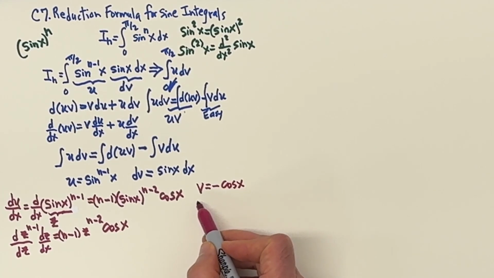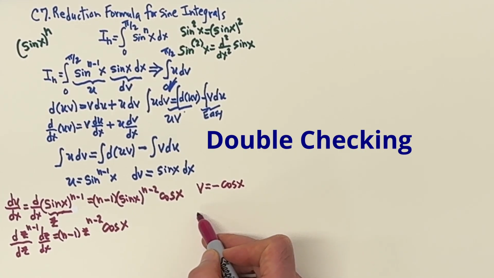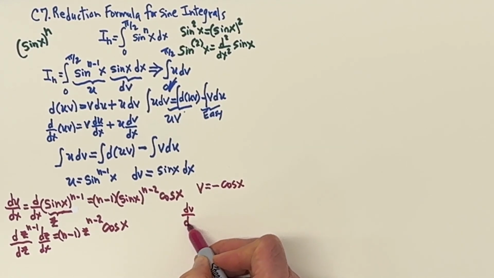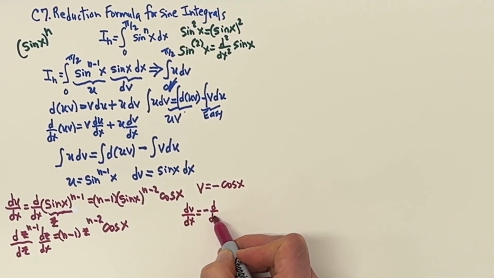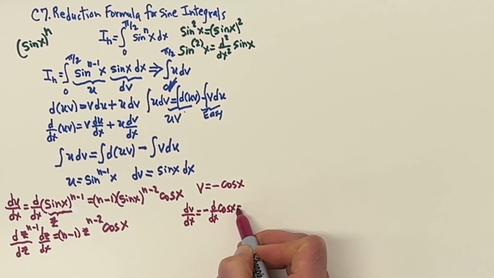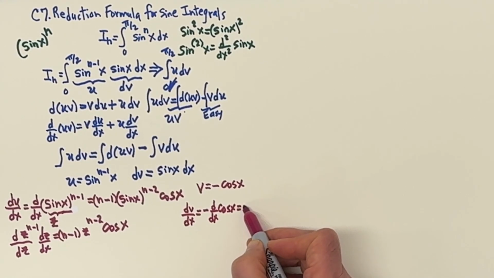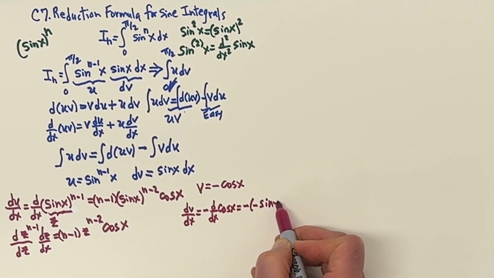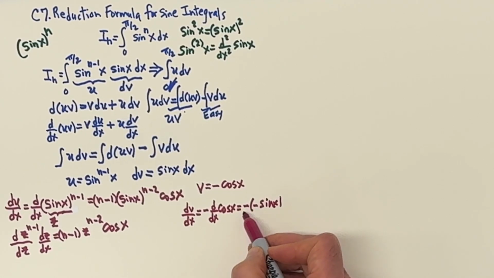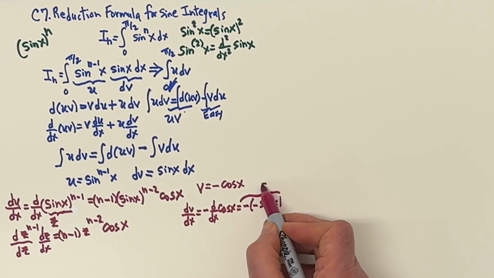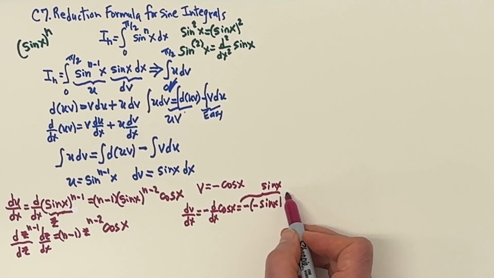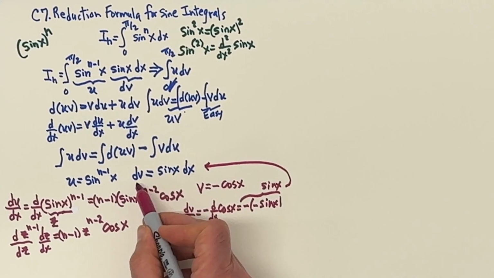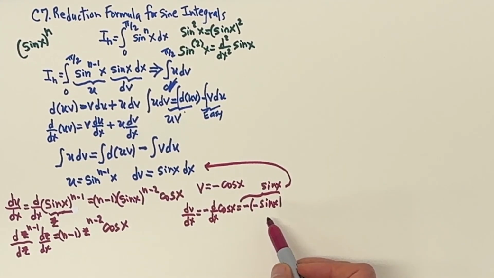When you take the derivative of v with respect to x, dv dx, you get here minus the derivative with respect to x of the cosine, and the derivative of the cosine is minus the sine, so you have minus the sine, and these would cancel, and as they cancel you get the sine of x. So dv dx is the sine of x, so that means dv is the sine of x dx. These are the corresponding forms.